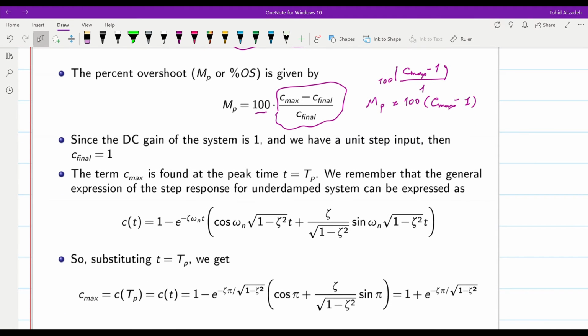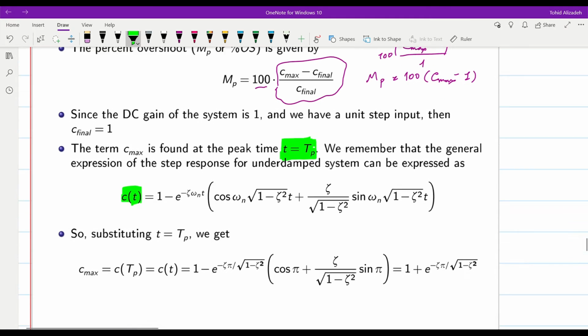How can we find C max? We already have the value for TP. We can replace the value of t with TP in the expression that we have for c of t, and out of that we will get the value for C max. The expression for c of t is written here. You can check out how it is obtained by looking at the previous lectures.